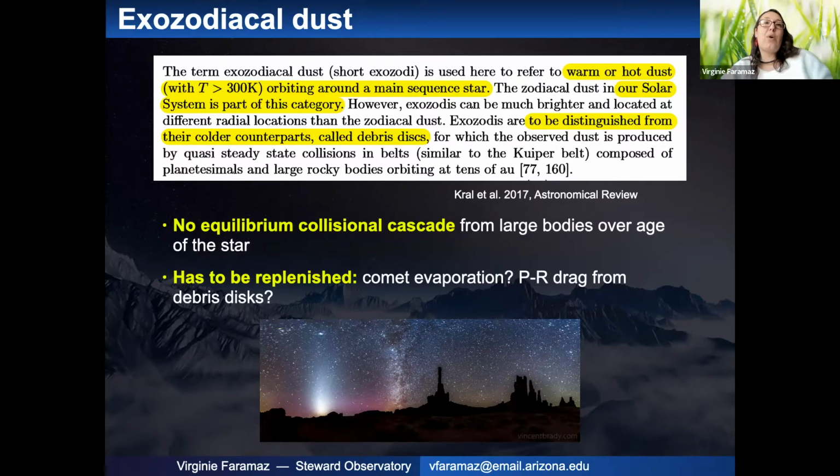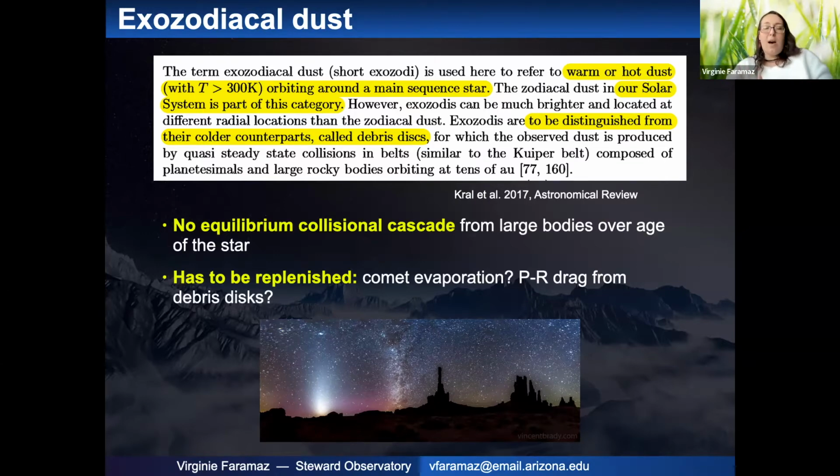So these exozodis have to be replenished, but not in situ. You have either comet evaporation, so bodies coming from further out in the system, or Poynting-Robertson drag from a debris disk. Basically, you have a collisional cascade among large bodies in asteroid or Kuiper belt analogs, and then this dust spirals onward onto the star through Poynting-Robertson drag.